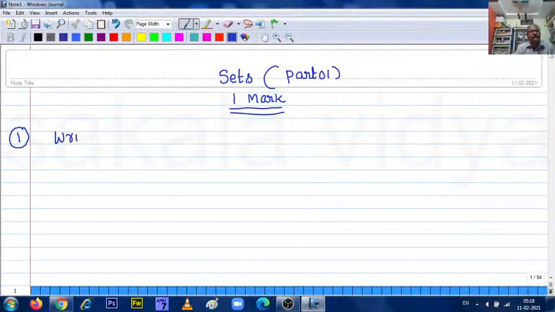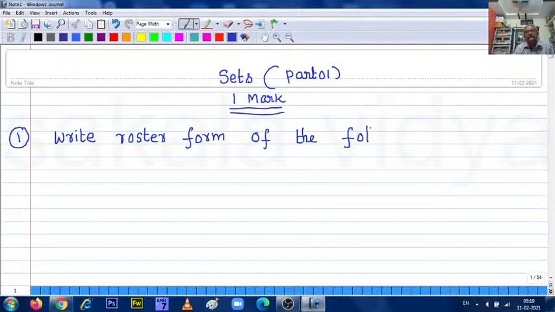Write roster form of the following sets.